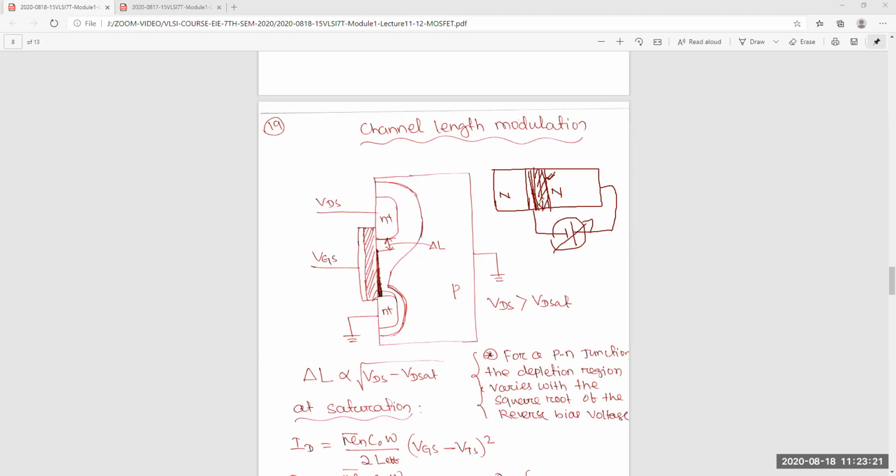That's why this is called base width modulation. The base width will change by increasing the reverse bias voltage between base and collector. Initially the base width is this, suppose. Now the effective base width will be less.